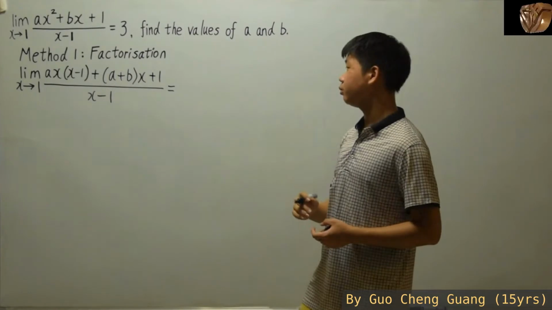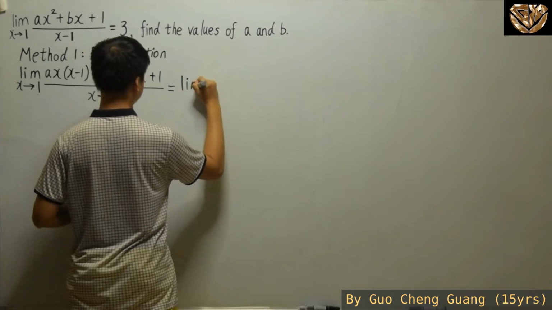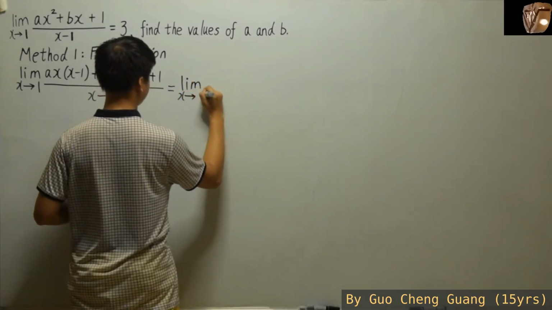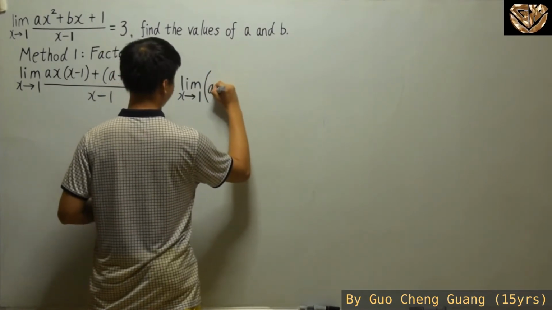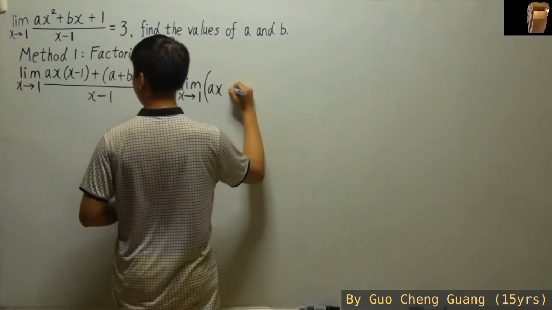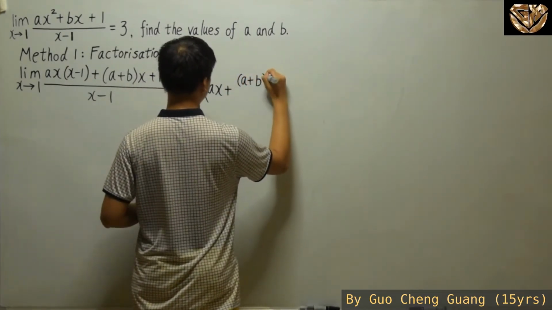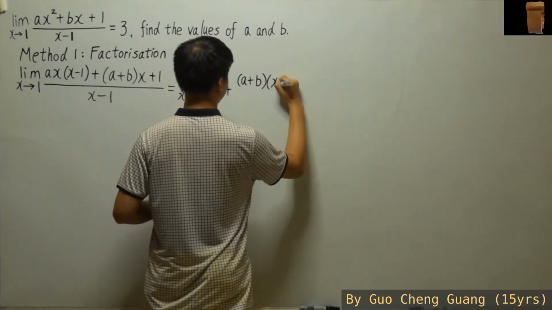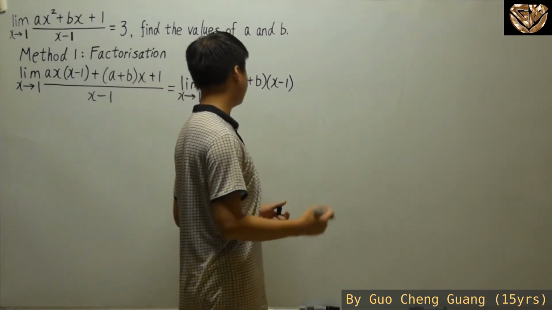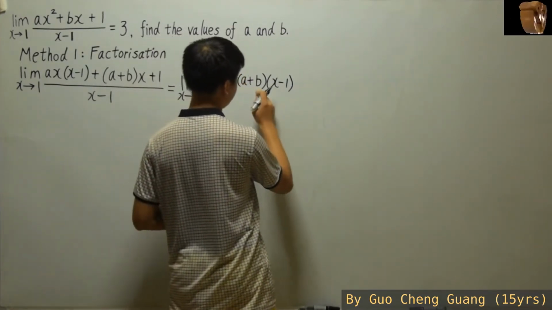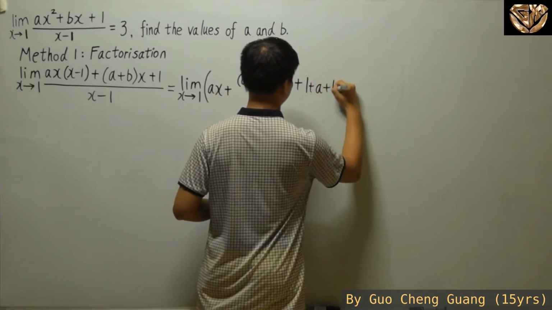And then for your second term, you're just going to repeat the same process, where you have the limit as x approaches 1, then you're going to see ax, and you have to add a plus b. Then it becomes x minus 1. So a plus b multiplied by x minus 1, you have subtracted an extra a plus b. So you have to add back that a plus b.